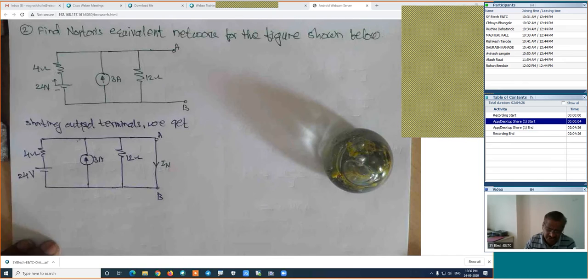Ruchira, which method will be suitable? Okay, fine. I will come back to you. Rohan, how to calculate this IN?